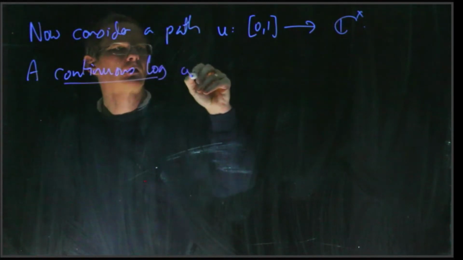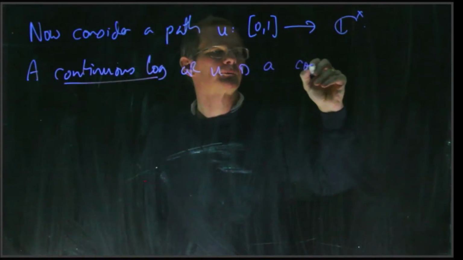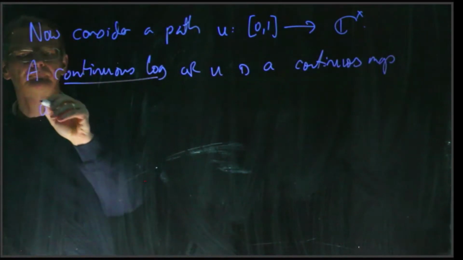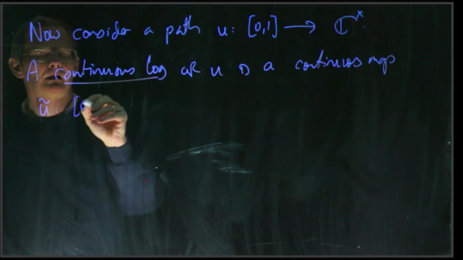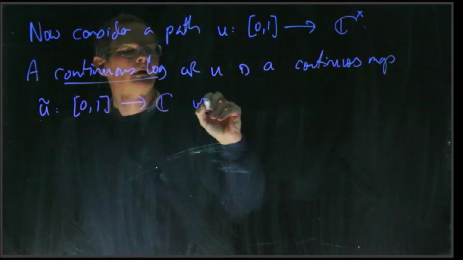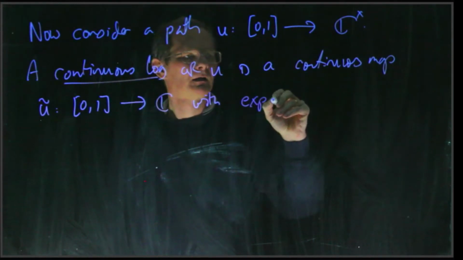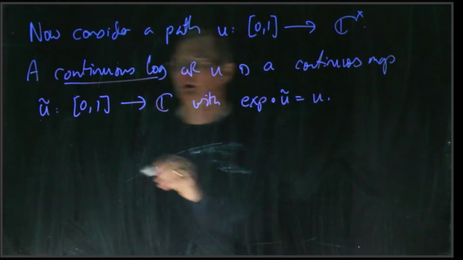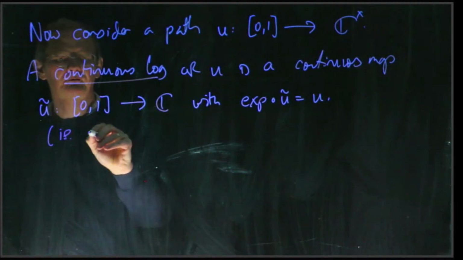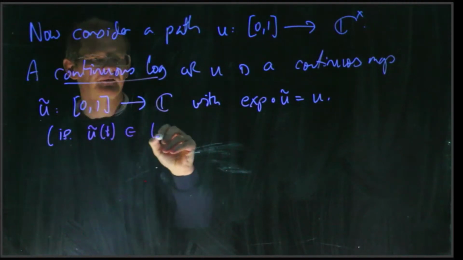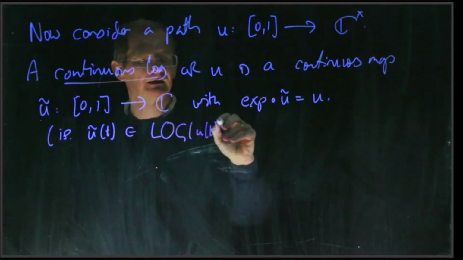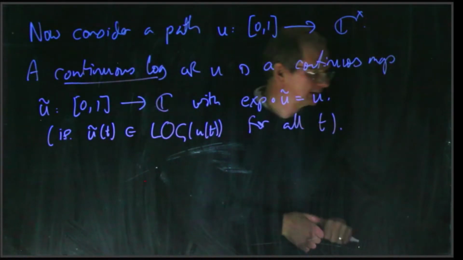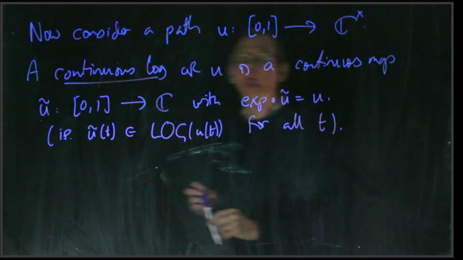A continuous log of u is a continuous map, call it u tilde, from the unit interval to the complex numbers, with exponential composed with u tilde equal to u, which is the same as saying that u tilde of t is an element of the set capital Log of u of t for all t.